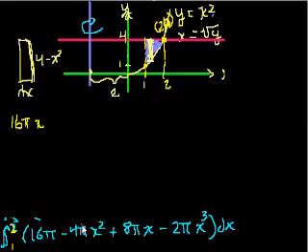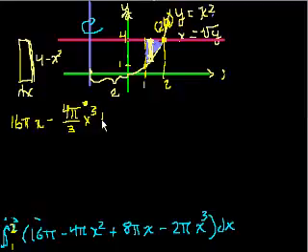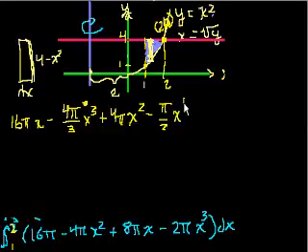Well, it's going to be x to the third over 3, so it'll be minus 4 pi over 3 x to the third. And then we have plus, well, this will be x squared over 2, so it'll be plus 4 pi x squared. And then minus, this will be x to the fourth over 4, so minus pi over 2 x to the fourth.